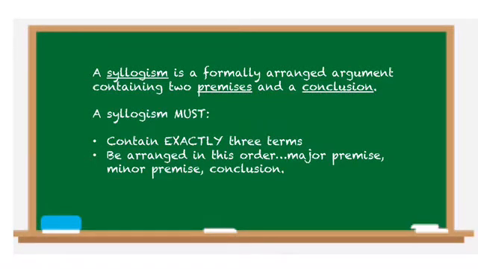A syllogism must contain exactly three terms, and it must be arranged in this order: major premise, minor premise, and conclusion. And don't worry, we're going to talk about what all of those things mean in just a moment, but make sure you've got this definition of a syllogism in your notes.